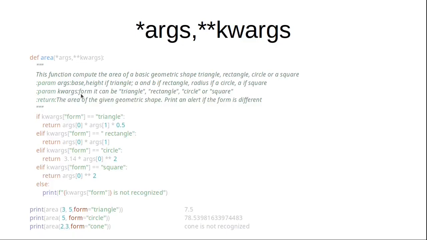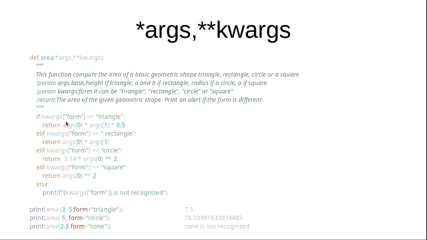Keyword arguments, there is only one, which is form, and it can be triangle, rectangle, circle, or square. At the end, it returns the area of the given geometric shape. Print an alert if the form is different.